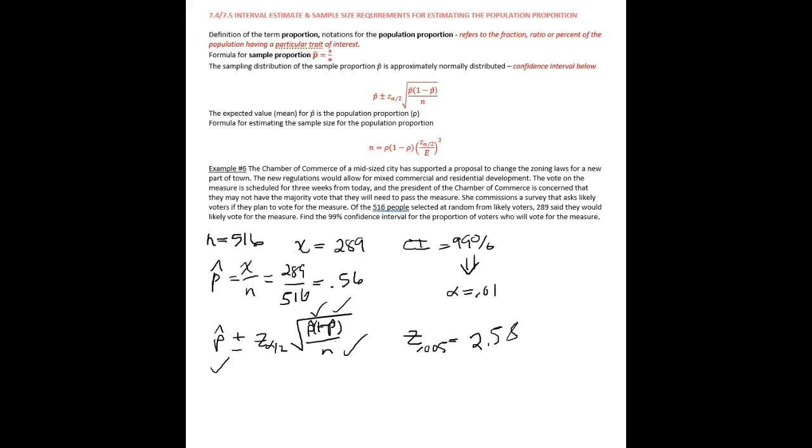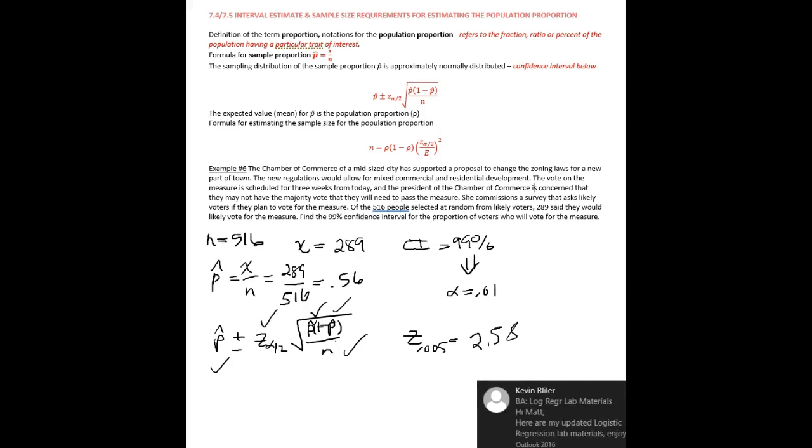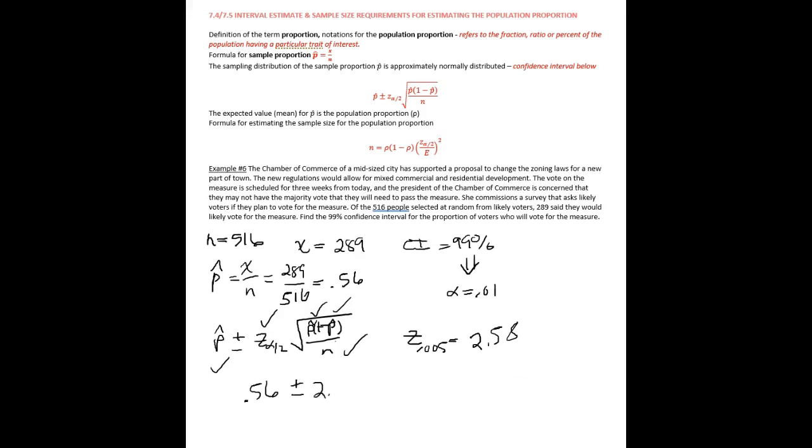So we have all of the components for our formula. We have 0.56 plus or minus 2.58 times the square root of 0.56 times 1 minus 0.56, which is 0.44, divided by N, which is 516.